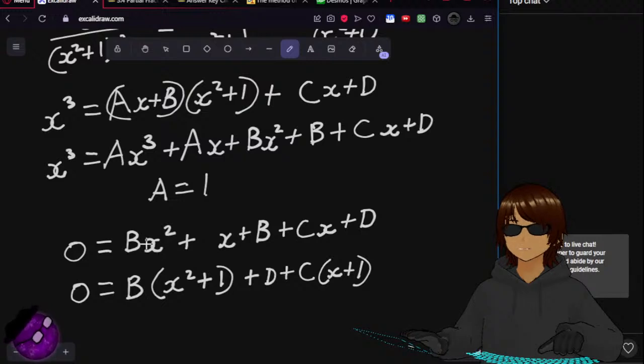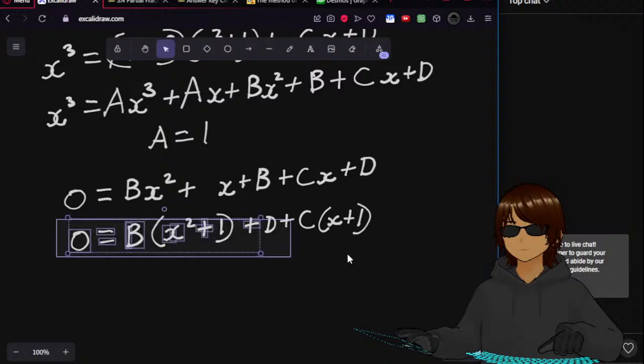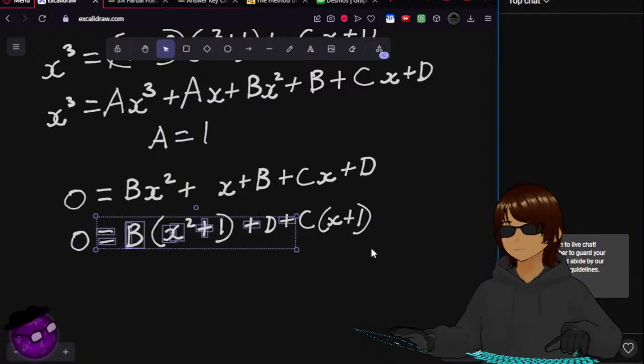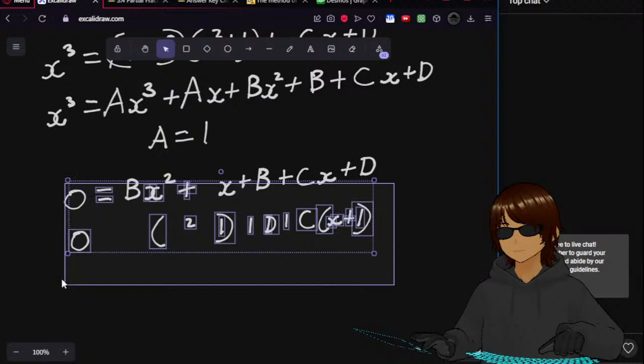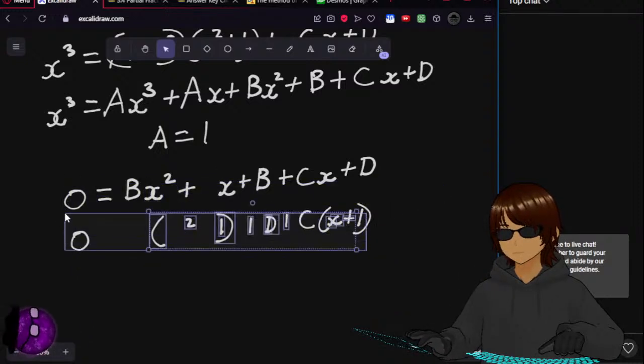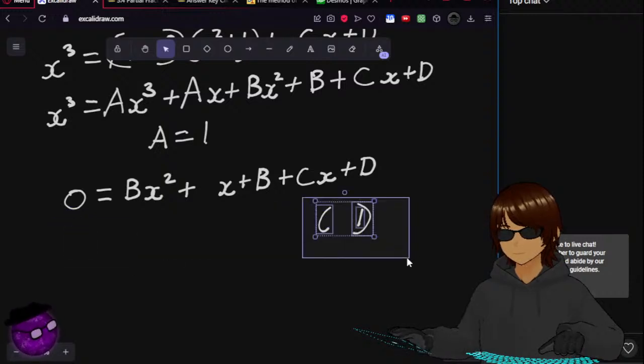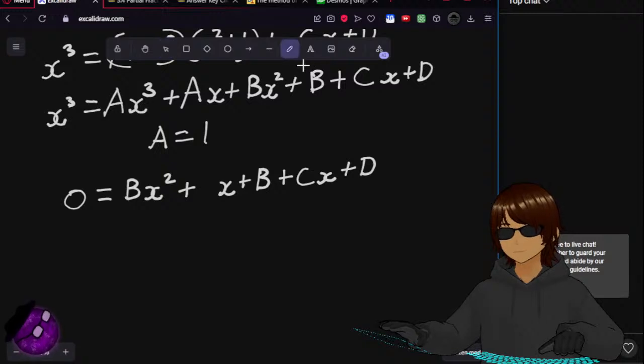There's only one coefficient with x squared, which is b. Hold on. I understand. Since there's only one coefficient with x squared, then b is 0.